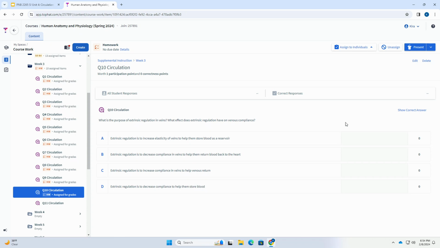What is the purpose of extrinsic regulation in veins? What effect does this have on compliance?